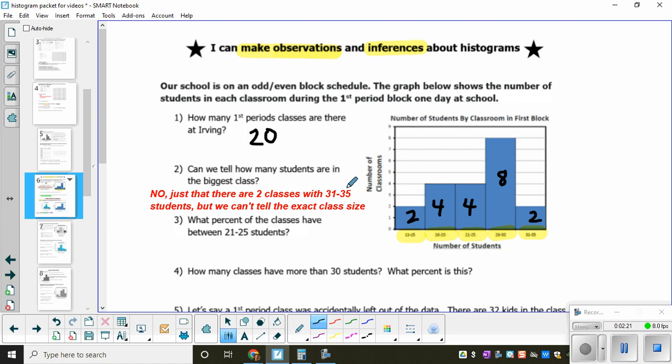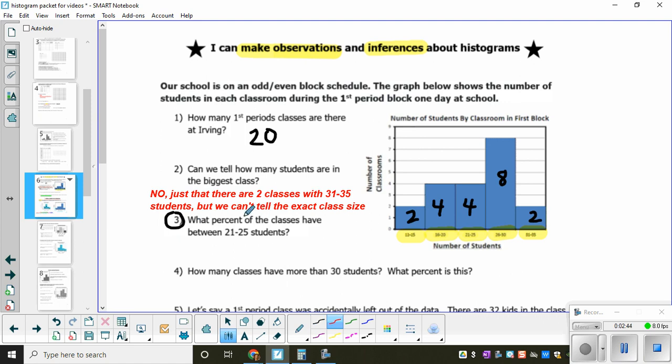So no, we could not figure out how many students are in the biggest class. Similarly, if I asked how many students are in the smallest class, we can't answer that question. We don't know if it's an 11. For example, these 2 classes right here might both have 14 students in them, and we would have no way of knowing.